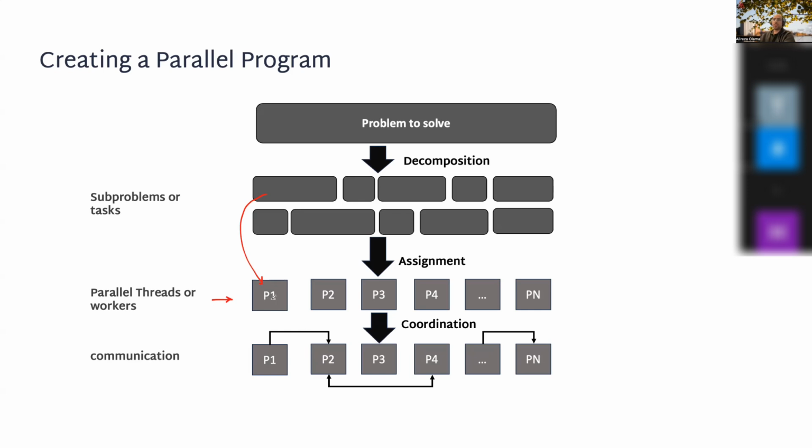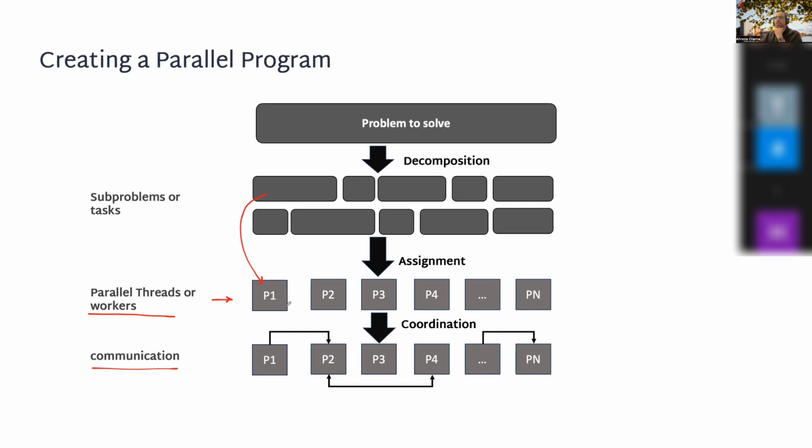Now the tasks are assigned to each thread or process, but they need to coordinate to solve the problem. So they have to do synchronization, communication, and coordination or orchestration to solve the problem that you send to them.